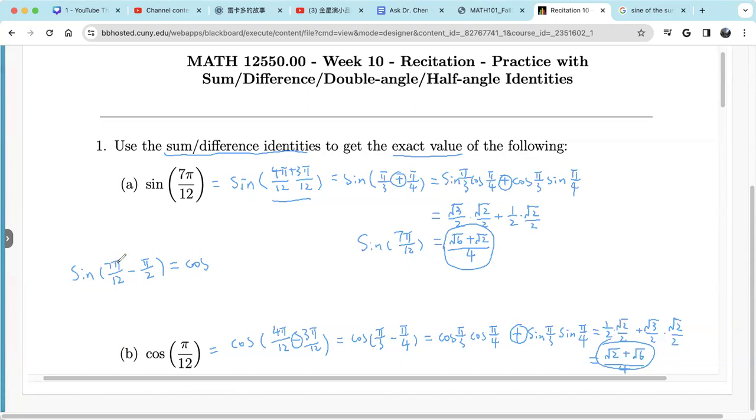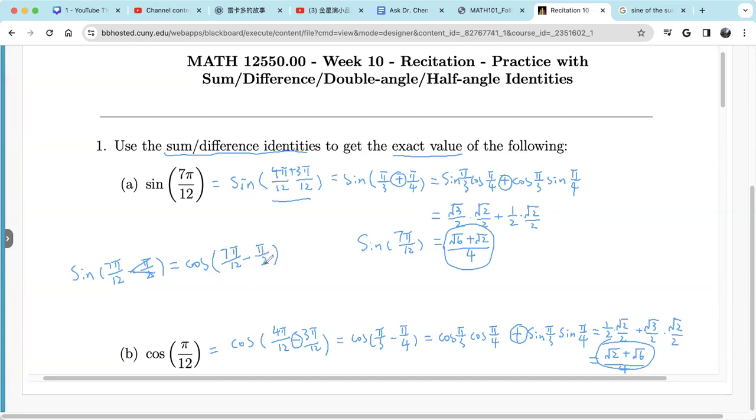So 7 pi, no, hold on a second. Let's use this one because I want to use cosine. I want to form pi over 12. So sine 7 pi over 12 equals cosine of 7 pi over 12 minus pi over 2.